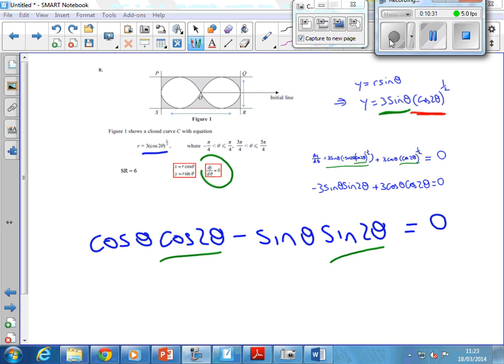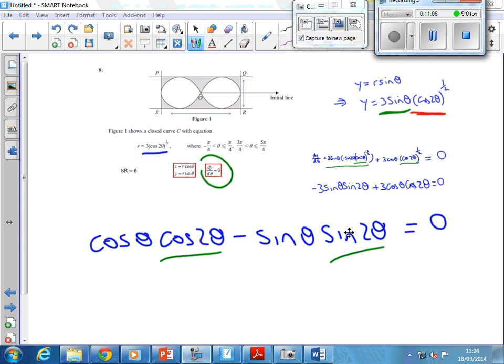Now there are 3 forms for the double angle identity for cos of 2 theta. There's cos squared theta minus sine squared theta, 2 cos squared theta minus 1, or 1 minus 2 sine squared theta. So before I think about which one to use, if we look at the right expression, there is only one expansion for the sine of 2 theta, which is 2 sine theta cos theta.